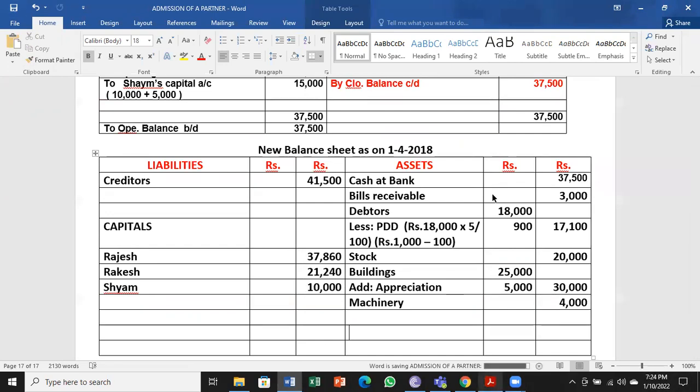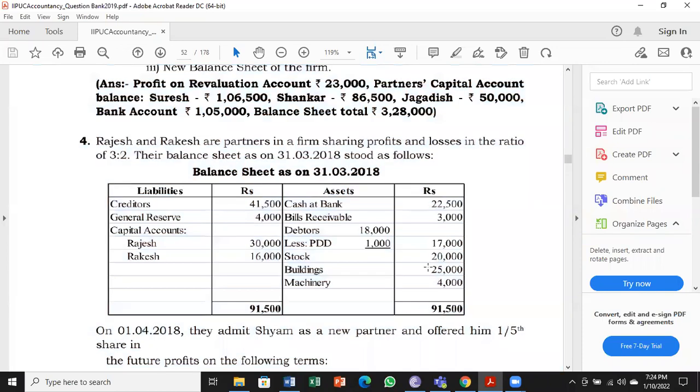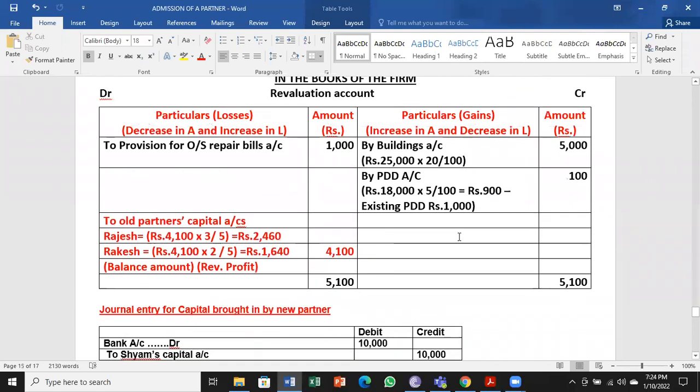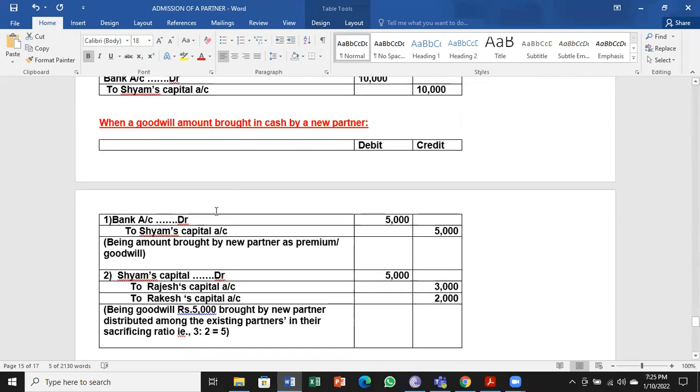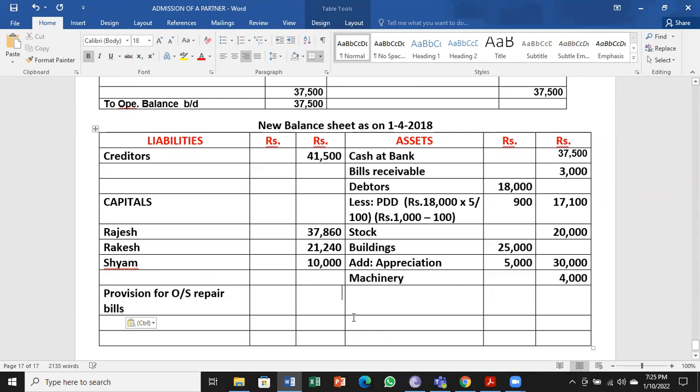Then all the items of the balance sheet are taken. The reserve fund we have not taken because we have taken it in the capital accounts. Next is most important. I told you always we have to check in the revaluation whether we entered all or not. For example, building we have done the adjustment, PDD we have done the adjustment, but we have not taken provision for outstanding repair bills in the balance sheet. So provision for outstanding repair bills is payable. Because it is payable, it is a liability, 1,000 rupees.